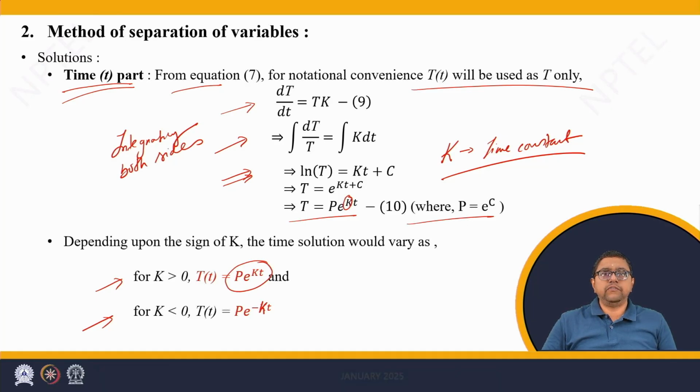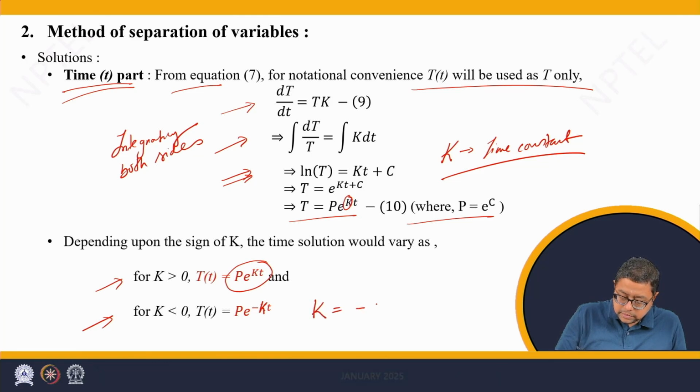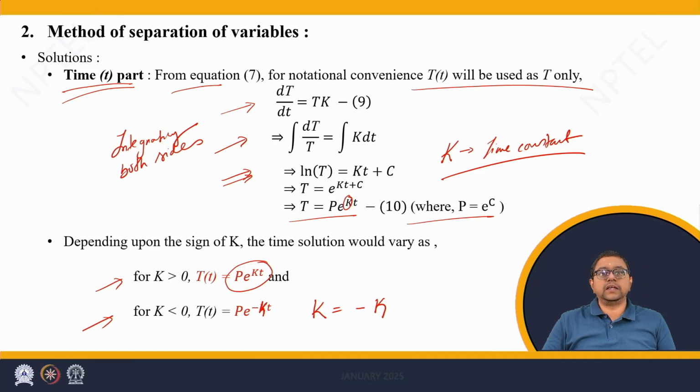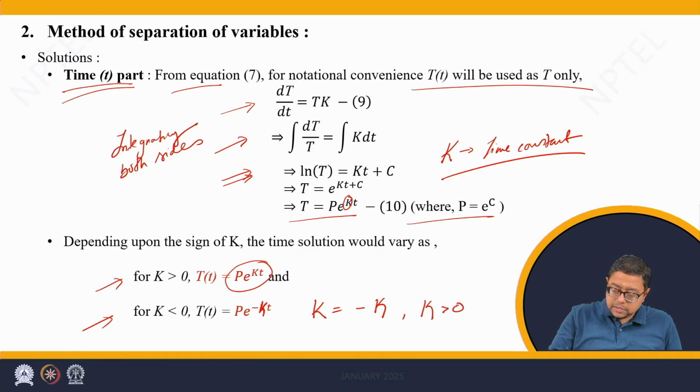For k negative, we can use minus kappa, where kappa is positive, and we can write e to the power minus kappa t. So here kappa is positive. Thus, we can have different behavior for different sign of k for the time solution.